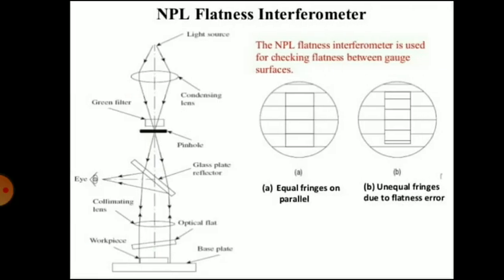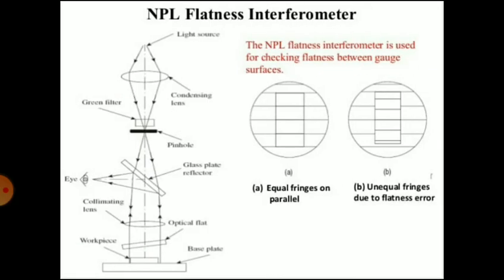You can see in the diagram, at the top there is the light source, the mercury vapor lamp, and the radiations from the lamp pass through the green filter at the bottom of the condensing lens.